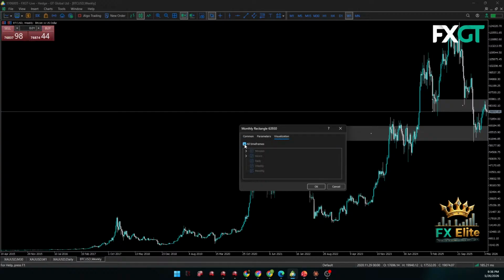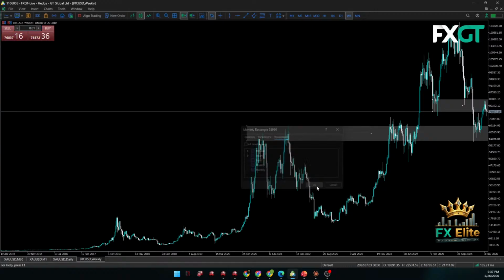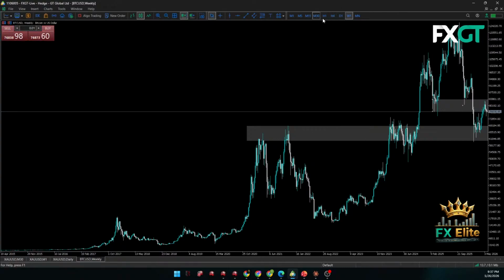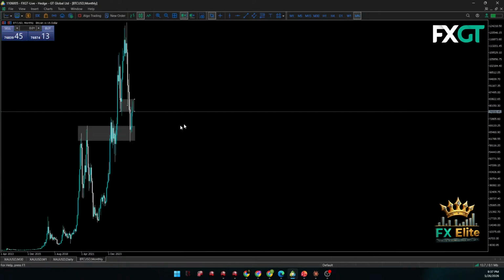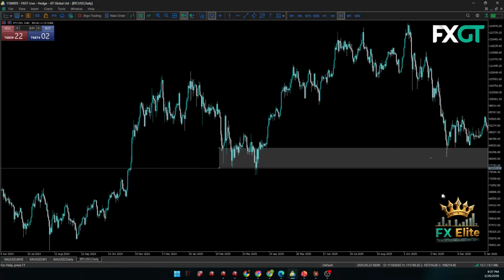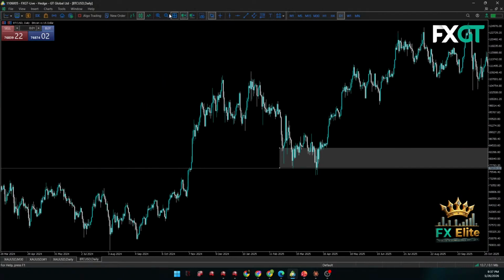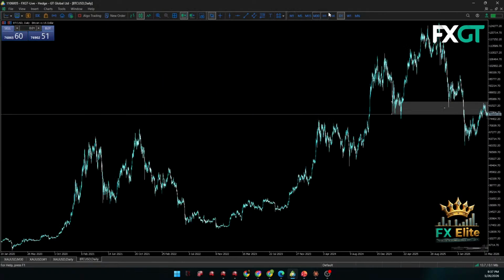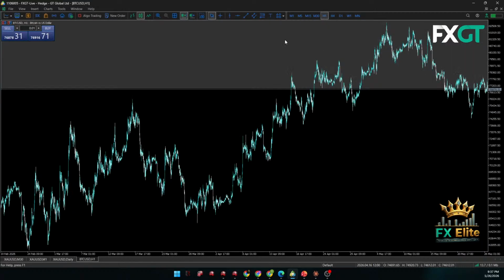So you remove all time frames, meaning I can only see this in weekly and monthly, for example. So if I click OK, this chart will not be visible in H4 and below. Monthly is still there, weekly is still there, daily is gone already, and H1, H4 is gone already.